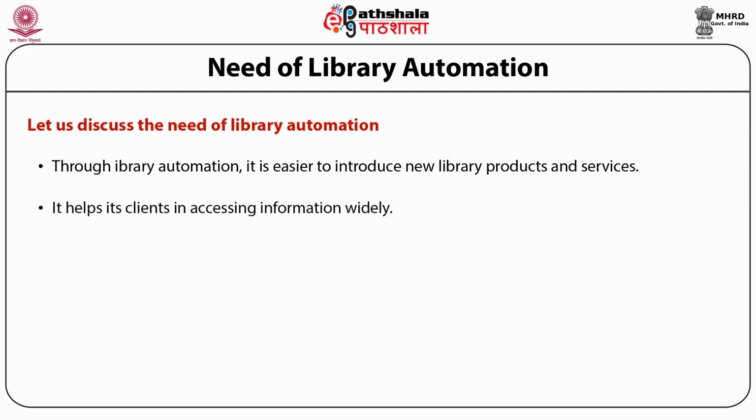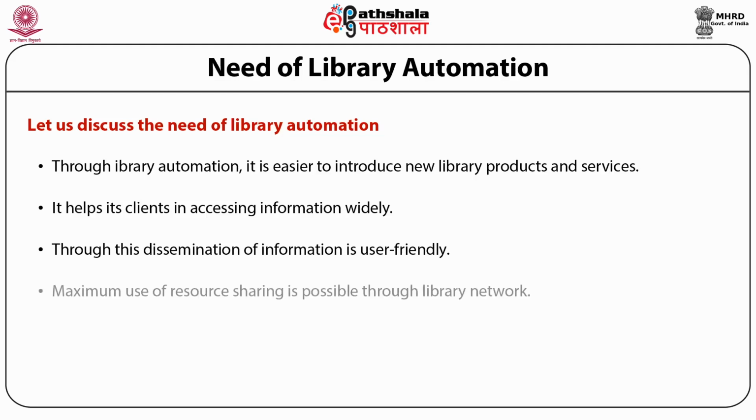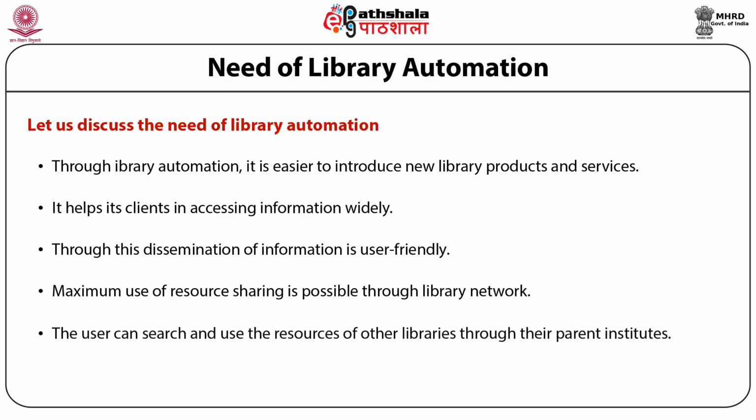It helps clients in accessing information widely. Through this dissemination of information, it is again user-friendly. Maximum use of resource sharing is possible through library networks. The user can search and use the resources of other libraries through their parent institutes.